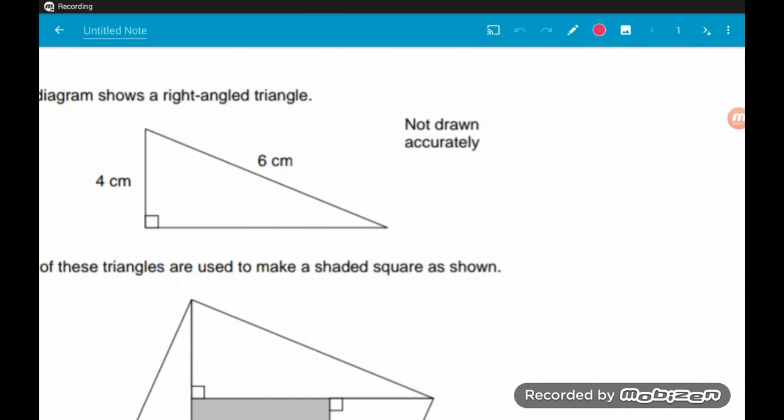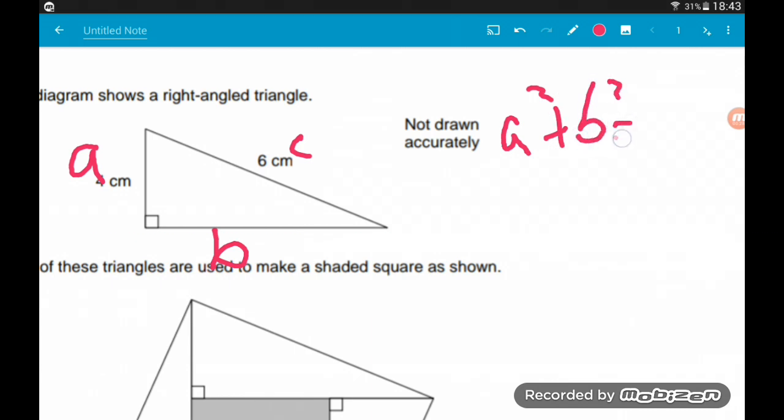Okay, so how do we find side lengths in right angle triangles? Well, we could use trigonometry if we knew anything about the angles inside. We don't, so we're going to use the other thing. We're going to use Pythagoras. So if we're using Pythagoras, let's label our triangle A, B and C. Pythagoras tells us A squared plus B squared is equal to C squared.